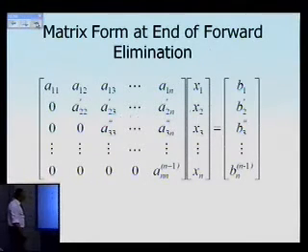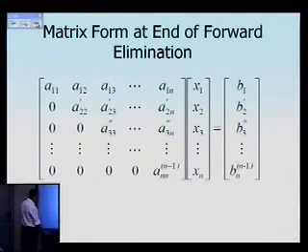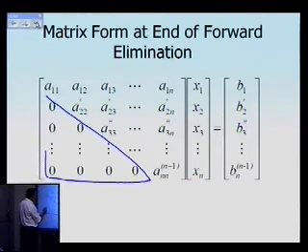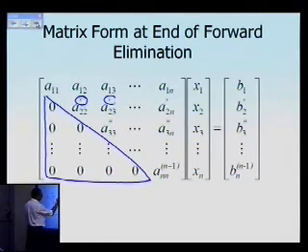That's what I'm showing you here: we are writing down the equations we get at the end of the forward elimination steps, all the n minus 1 steps, in matrix form, and you are getting an upper triangular matrix right here because all of these elements are 0. Now pay special attention to these primes which I am showing you. This shows you how many times the a element has changed, because in the first step of forward elimination this element will change and then it is no longer used.